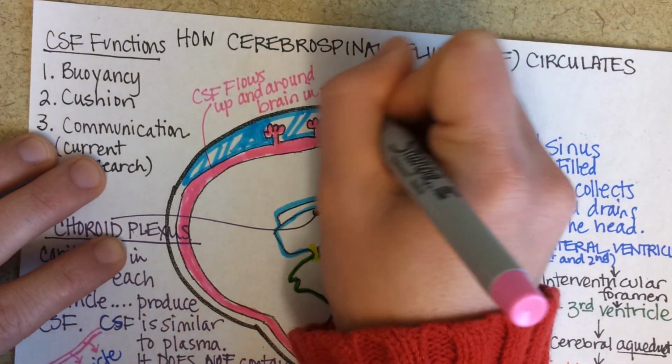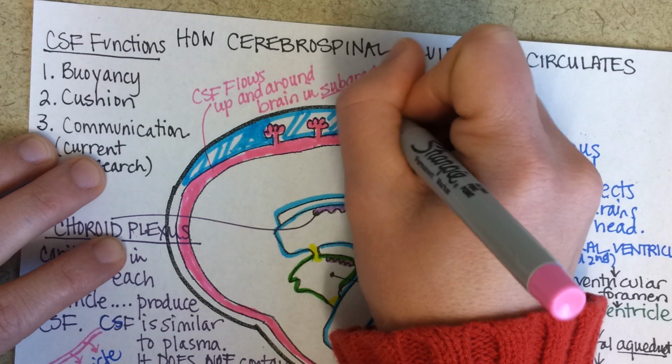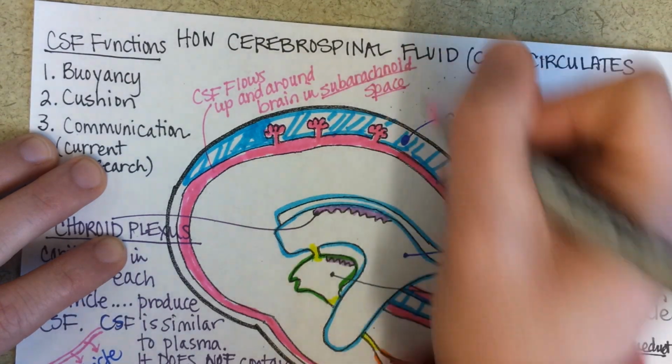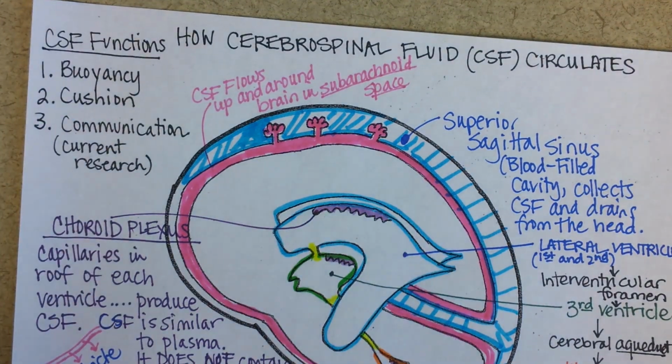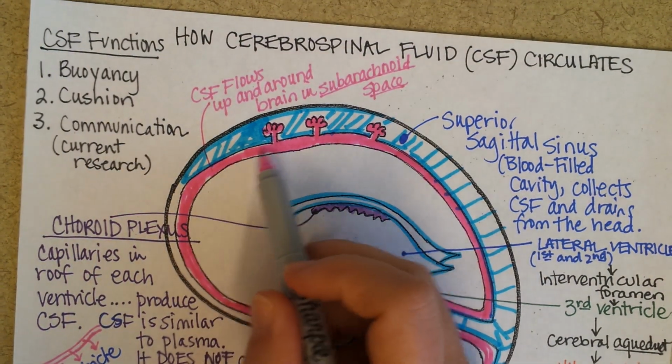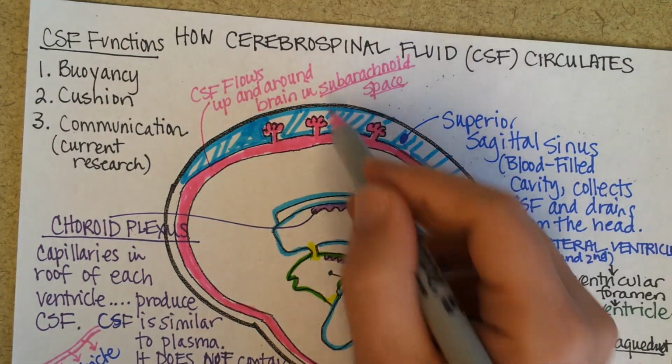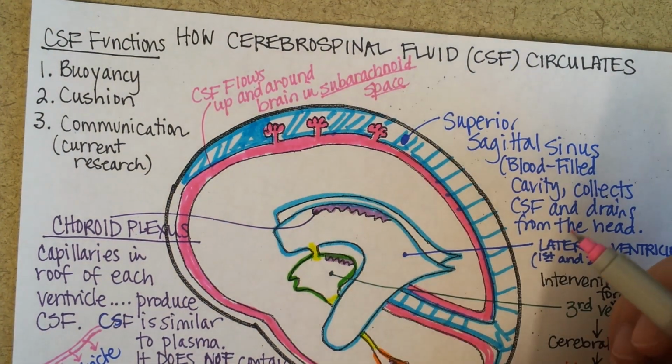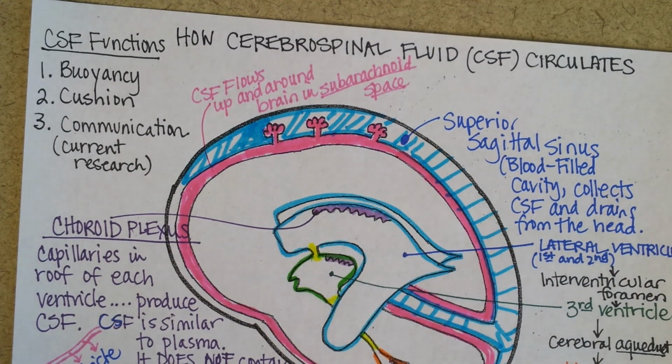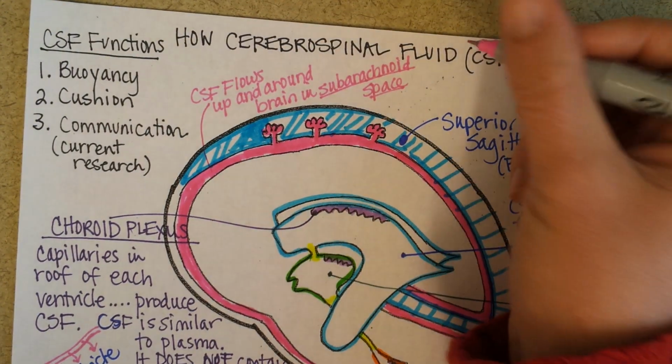And like I mentioned before, we're going to learn about that in coming pages. I'm going to tell you all about the subarachnoid space and where it is and why it's called that. So the fluid moves up and around the subarachnoid space. Sub means below, and then arachnoid means like a spider webbing almost.